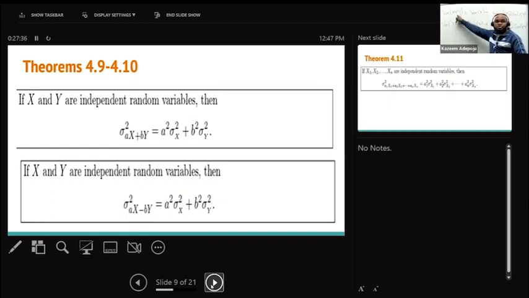You see the difference between the two: when X and Y are not independent, this is going to be a plus, this is going to be a negative. But when X and Y are independent, the covariance will be equal to 0, and that is why they are both going to be the same. That is what I'm displaying now. Any question?